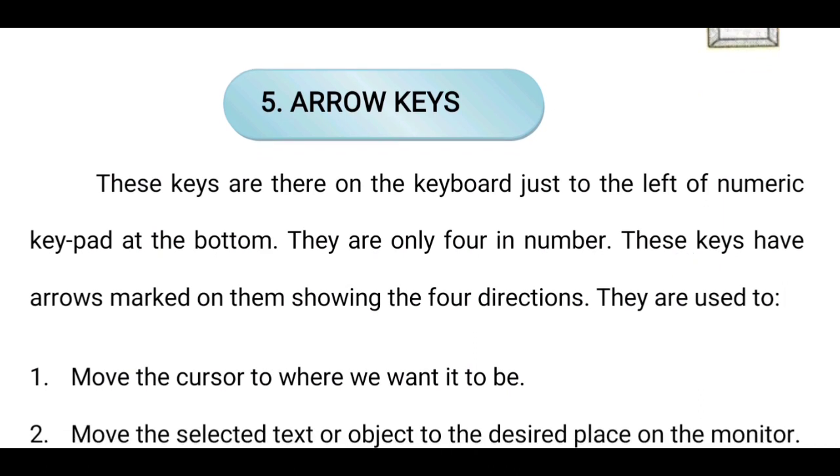The fifth keys of the keyboard, we call it what? Arrow keys. Arrow keys are there on the keyboard, just to the left of the numeric keypad at the bottom. They are only 4 in number. These keys have arrows marked on them showing the 4 directions.